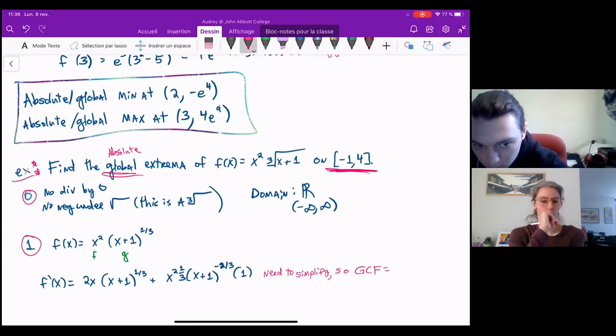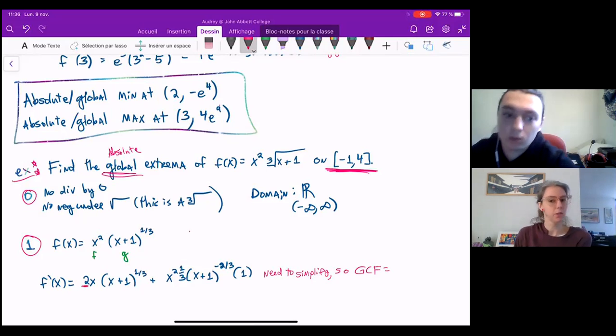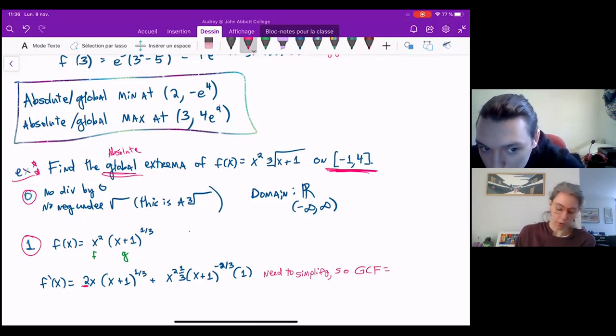That's almost part of it, not quite. Remember, we're going to look piece by piece. Over here, I have a 2 on the left side. Do I have a 2 on the right side? No, so don't keep it. I have an x on the left side. Do I have an x on the right side? Yep. Which has the lower power, x or x squared? X, so I take my x.